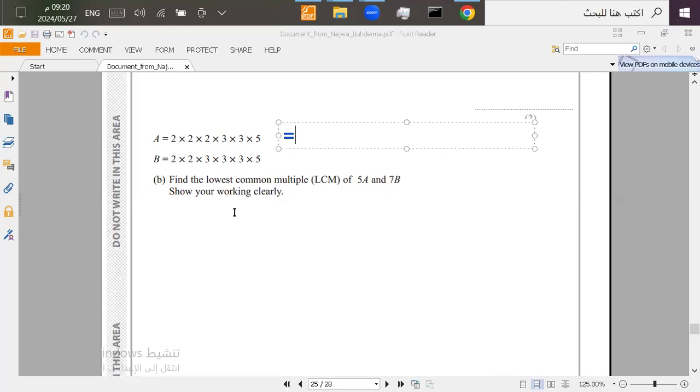So this one is 360. That's 2 three times, 3 two times, and one 5. And the next one, which is B, is 2 times 2, 3 three times, 3 to the power of 3 times 5. This one is 540.